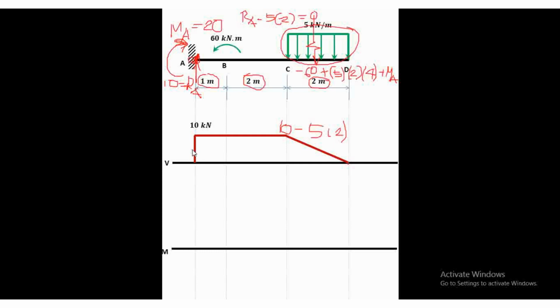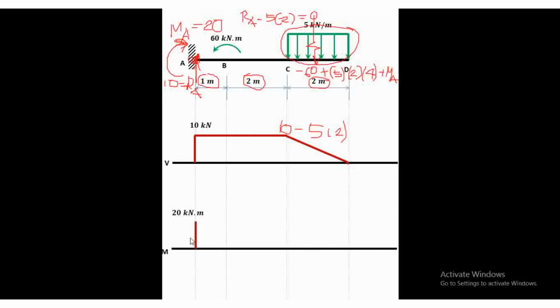But now I'm going to draw now the moment diagram. So, at point A, meron akong value ni MA, that is 20 kilonewton meter, and that is clockwise. So, kapag clockwise, pataas yung ating diagram. So, positive, 20 kilonewton meters. Magdodrawing lang ako ng line.